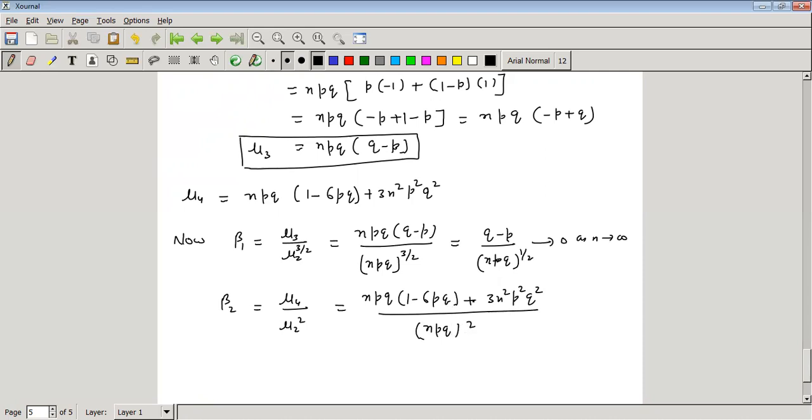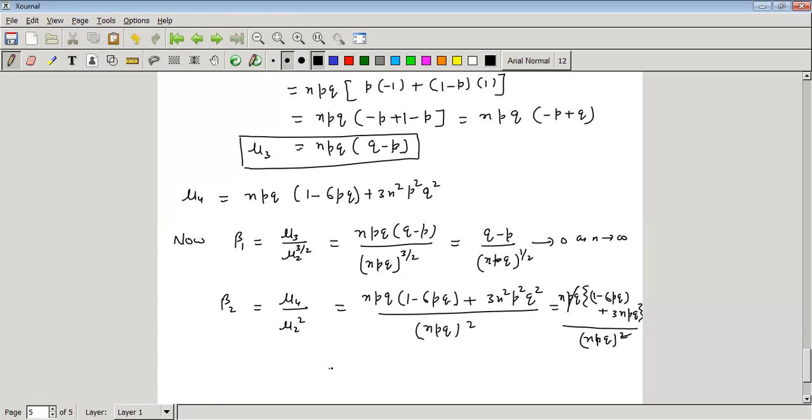So we can take npq to be common. If we take npq common, then it becomes 1 minus 6 pq plus 3 minus 3 plus 3 npq, divided by npq whole square. So one npq cancels out.